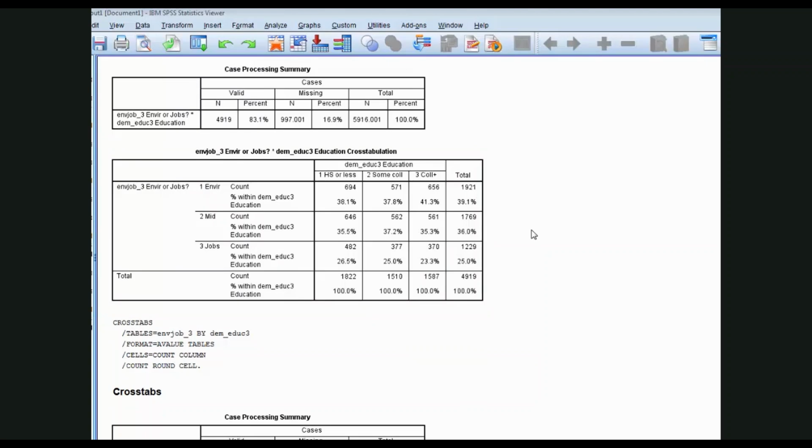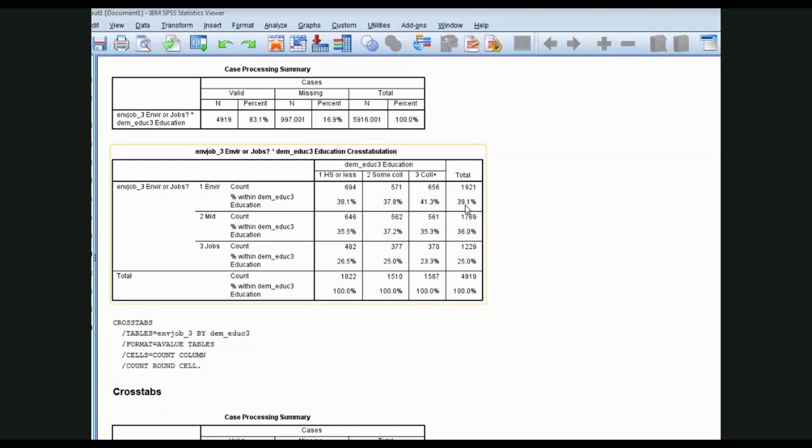The way a chi-square looks at a relationship or a crosstab like this is to first look at the distribution of the dependent variable down the total column here. 39.1% are pro-environment, 36.0% are in the middle position, and then 25.0% are in the jobs position.